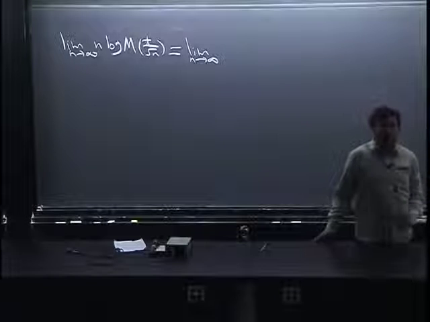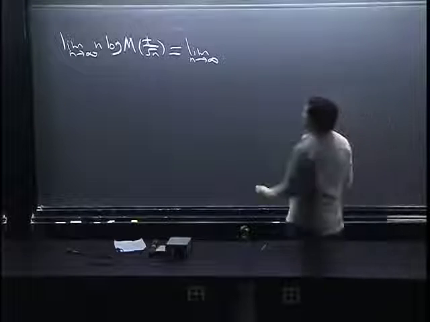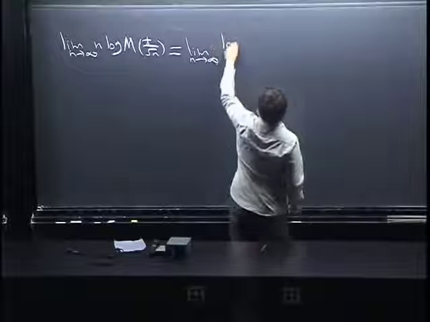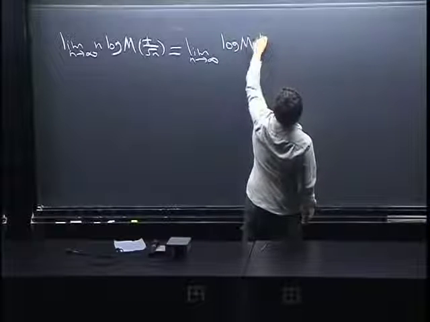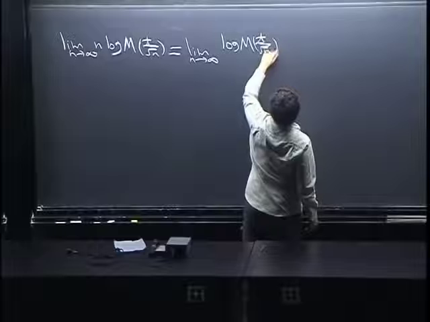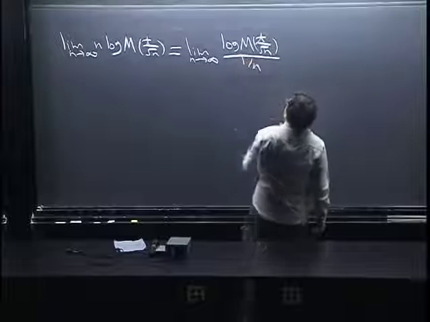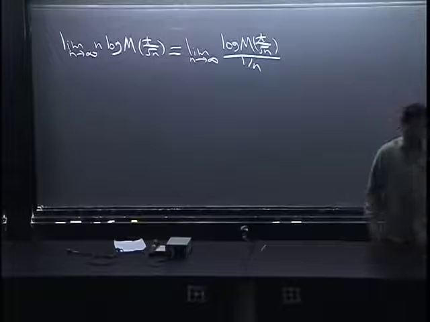If we want 0 over 0 or infinity over infinity, we can just write it as 1 over n in the denominator. Okay, now it's of the form 0 over 0.